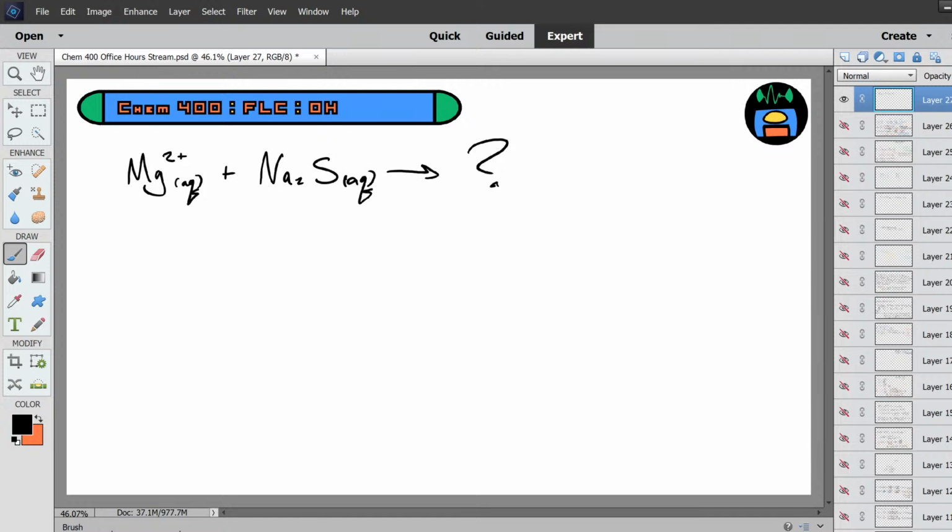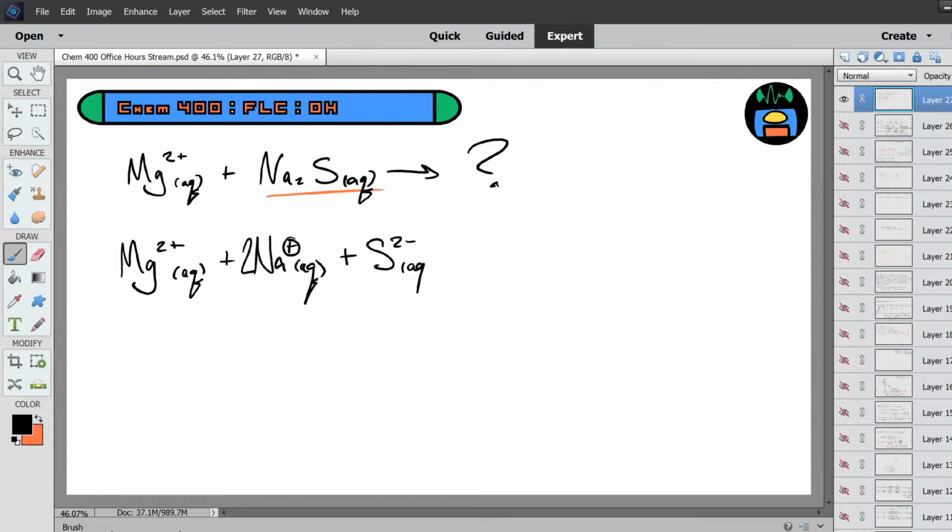all right. So we know, because this is aqueous, that those two ions aren't associated. So we're going to get Mg2+. We could rewrite it like so: 2 sodium cations plus sulfide anions.